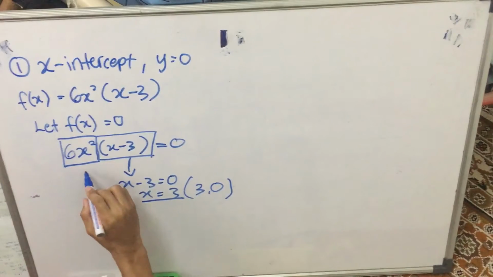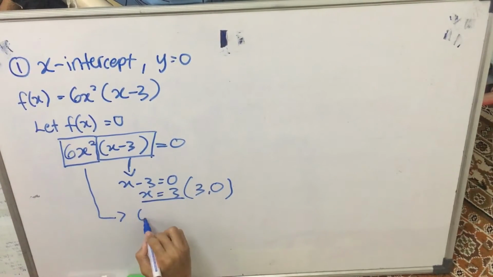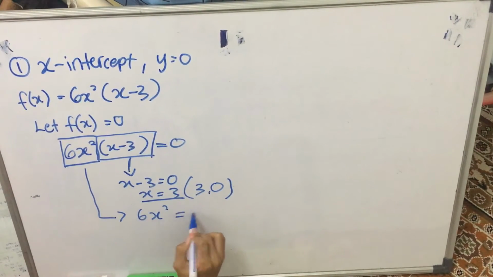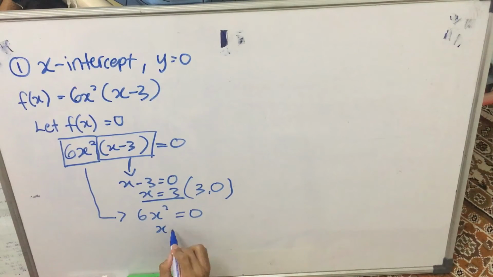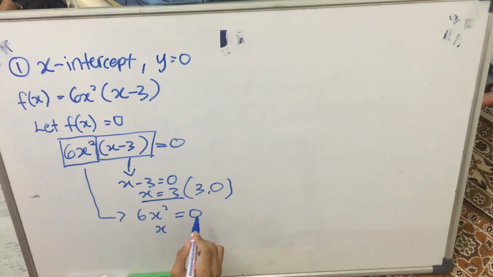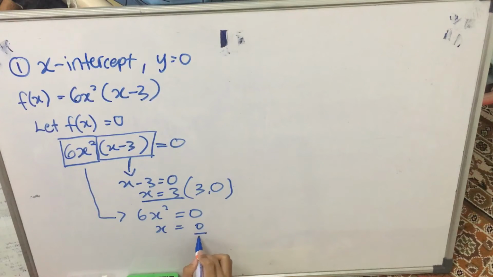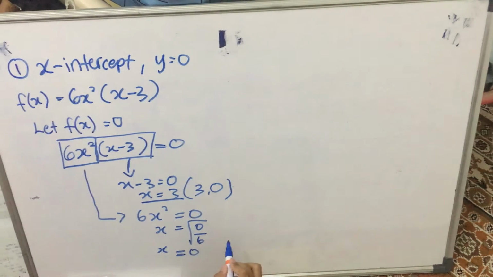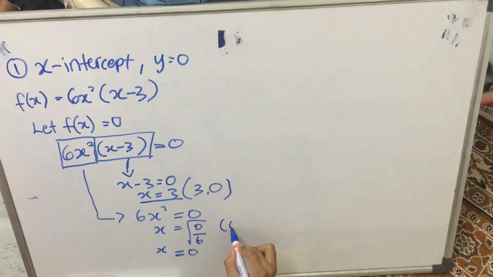And then the second one, 6x squared equals 0. We can't just ignore this 0, so it will be x equals 0 over 6, and for sure it will be 0. So the point is 0, 0.